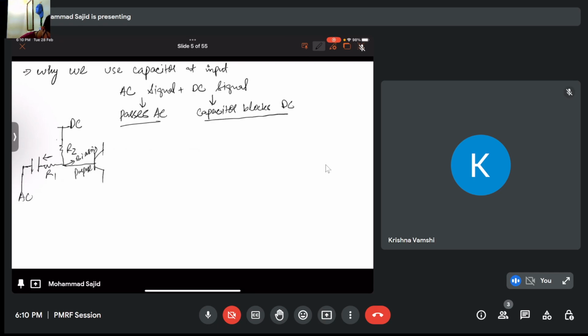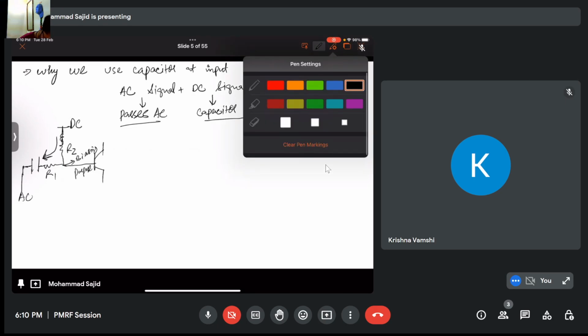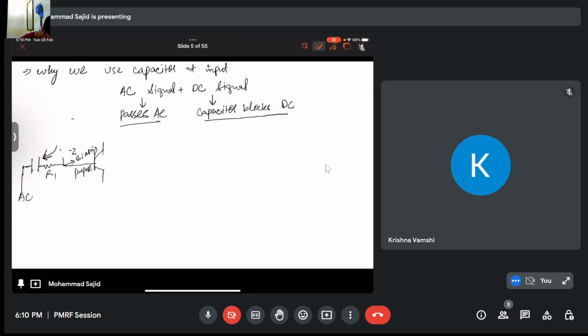I don't want my DC signal to flow in this path, and similarly we actually use an inductor here. It's not just a simple resistor. We use an inductor here and a capacitor here. We don't want our AC signal to go in this direction. We want the whole AC signal to pass in this direction and the DC signal to pass in this direction.